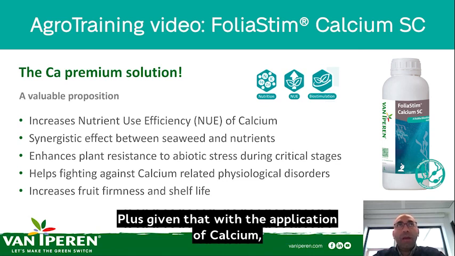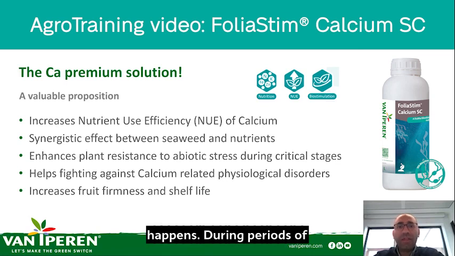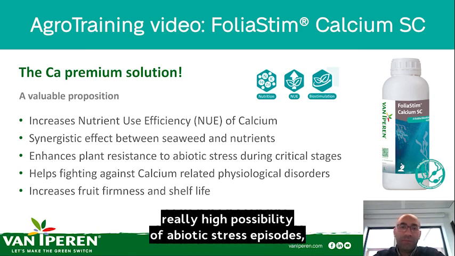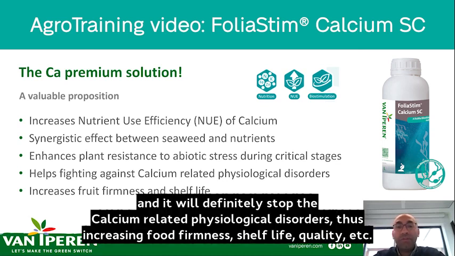Plus, given that the application of calcium, which we will talk about a bit later, happens during periods of high possibility of abiotic stress episodes, we are also bringing protection against abiotic stress, and it will definitely stop the calcium-related physiological disorders, thus increasing fruit firmness, shelf life, quality, etc.